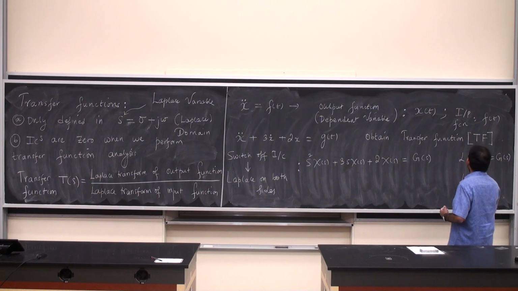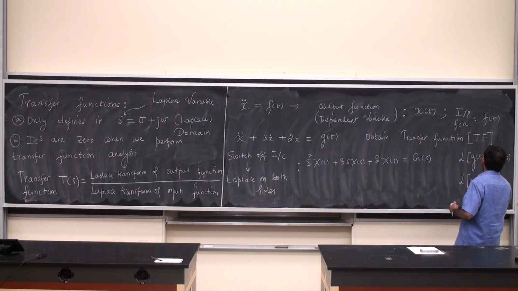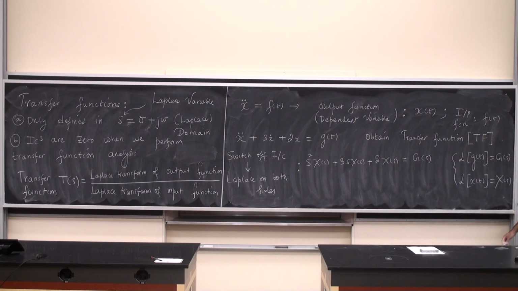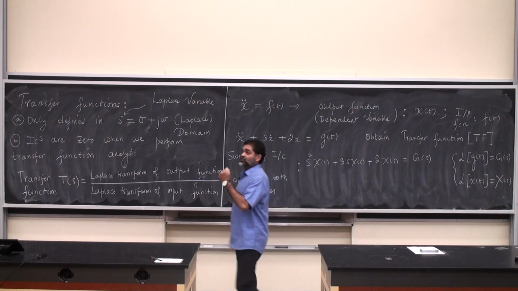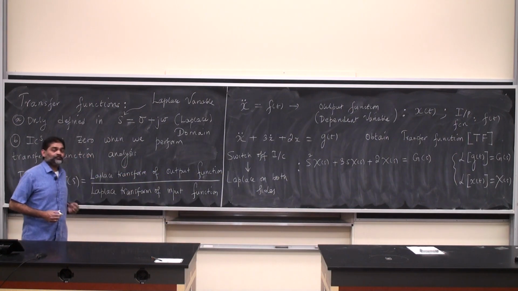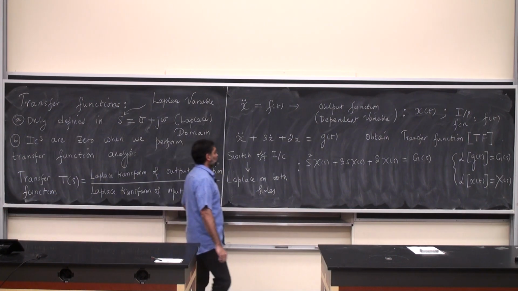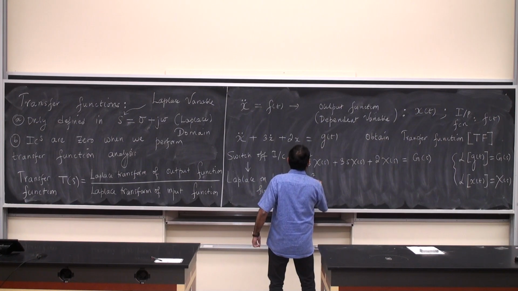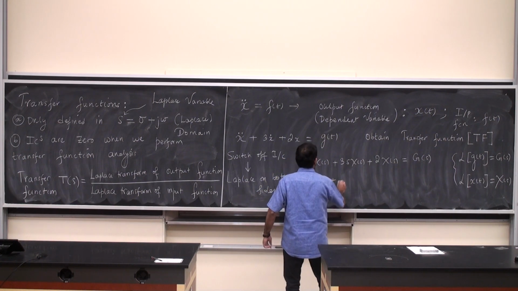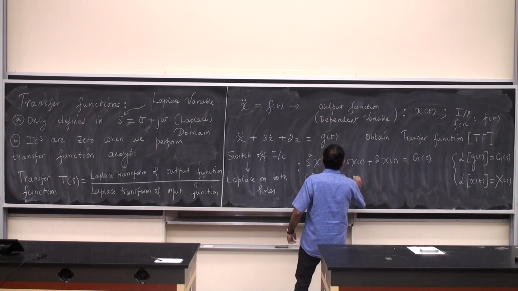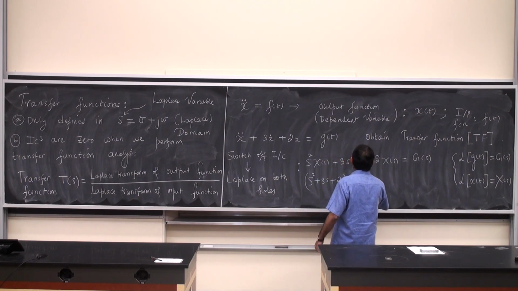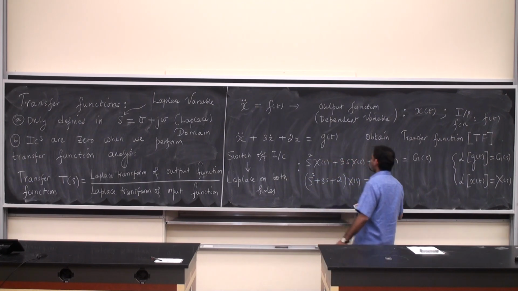Take the x of s as a common factor, take it out, and so I have s square plus 3s plus 2 times x of s is equal to g of s.